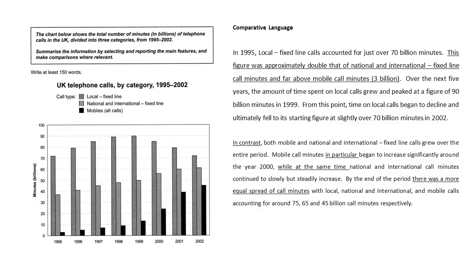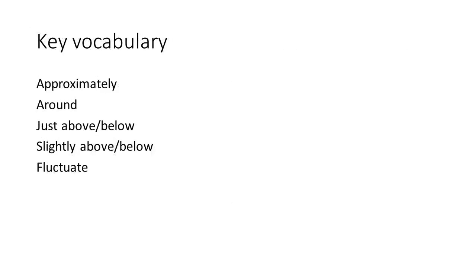So again, I'm giving the beginning, what happens in the middle and the end, but I'm also putting the data in relationship to the data around it. Is there any key vocabulary for this? Not much. It's pretty obvious stuff. But for example, if you have 89,000, you can use words like approximately 90,000, around 90,000.